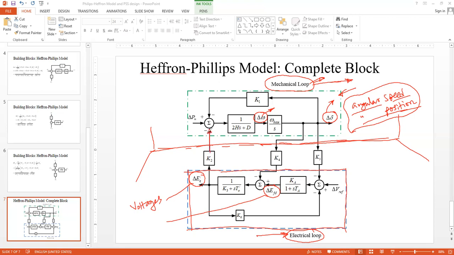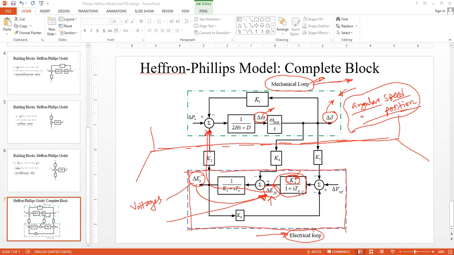You see this EQ dash is affected by delta EFD because it is a fourth order system. EQ dash is a function of delta EFD, and delta EFD again is a function of this block. So if you change K here, the gain of the exciter, it would transmit through the K2 block to this mechanical loop.